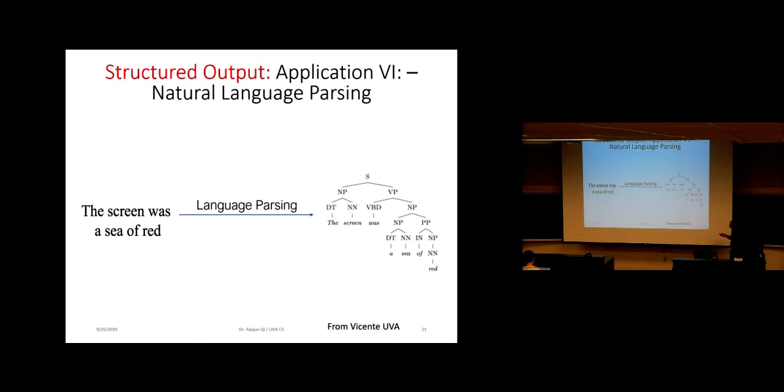So here, the screen was a sea of red. You have to assign this to the DT, and screen to a noun phrase, and then was is the verb, and sea is a noun, and they build up a noun phrase, and then this is another phrase, and together they build another noun phrase. The noun phrase and the verb build a verb phrase, and the verb phrase and noun phrase together build a sentence.